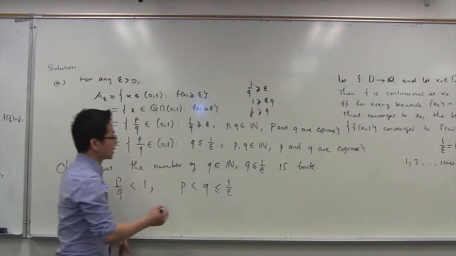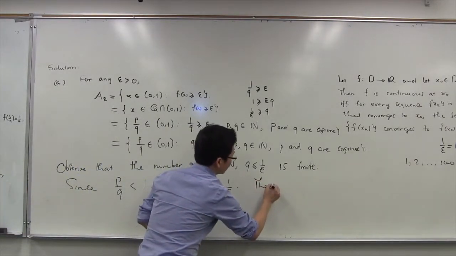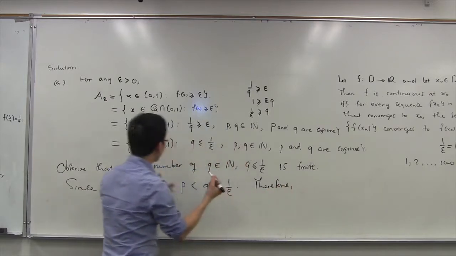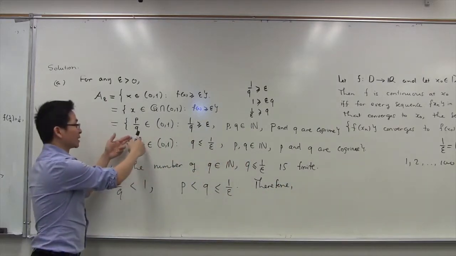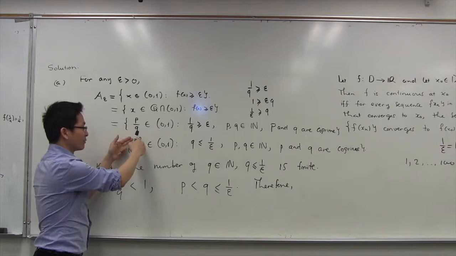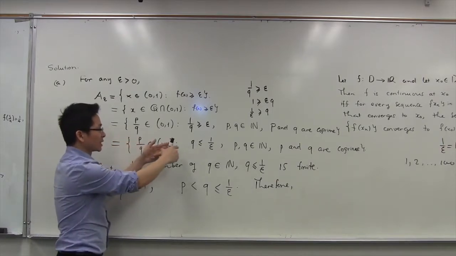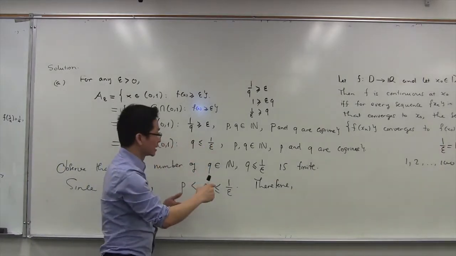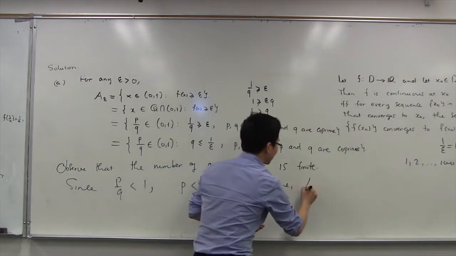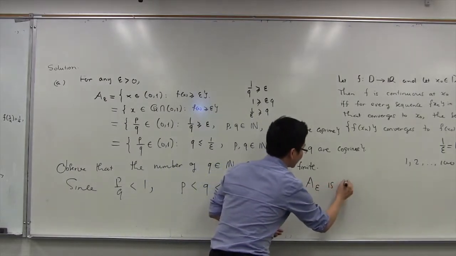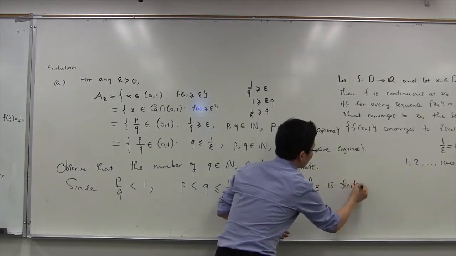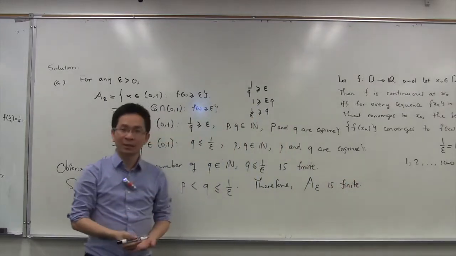Therefore, we can only form a finite number of rational numbers of the form p over q such that this condition is satisfied. Therefore, the set A_epsilon is finite. So we finished the proof of the first part.